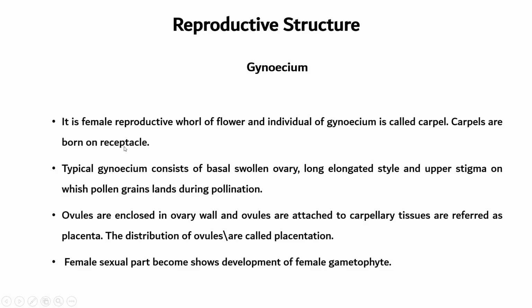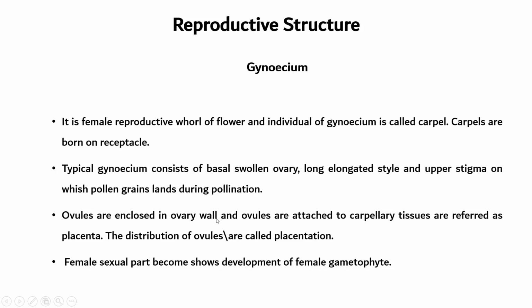Carpels are borne on the receptacle. A typical gynoecium consists of a basal swollen ovary, a long elongated style, and an upper stigma. There are different types of stigma in different flowers, on which pollen grains land during pollination.